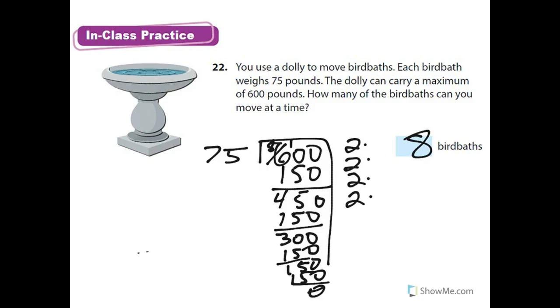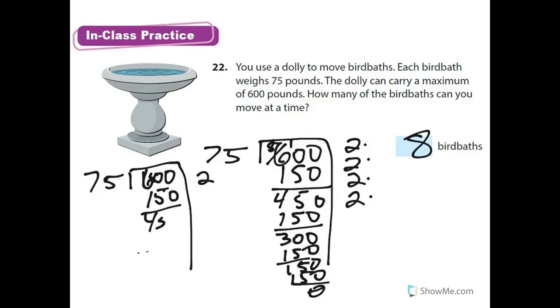You want to make sure you understand that different strategies give you the same answer. And this strategy could look different as well. Maybe if you do 600 times 2 and get 150, and then get 450, and then you think, well, wait a second, if I double it, I'm going to get 300.